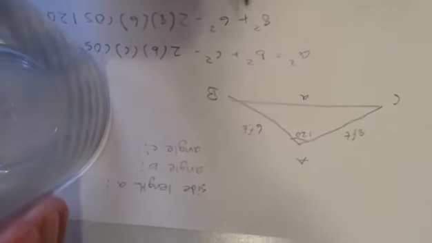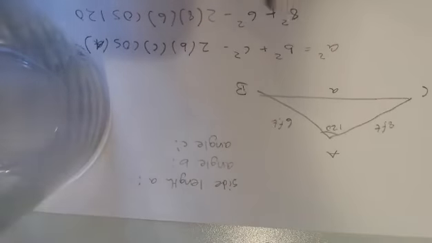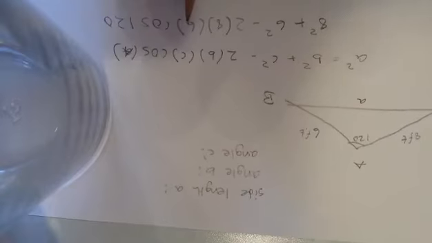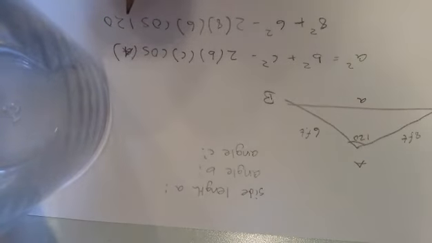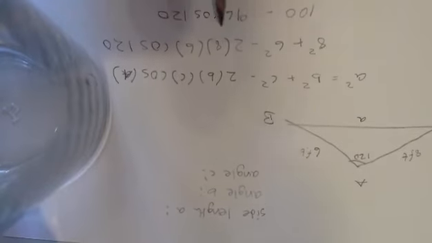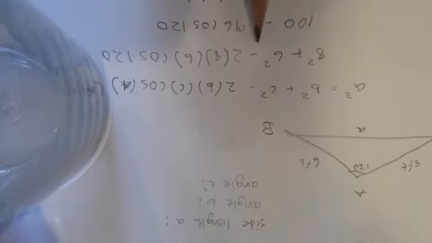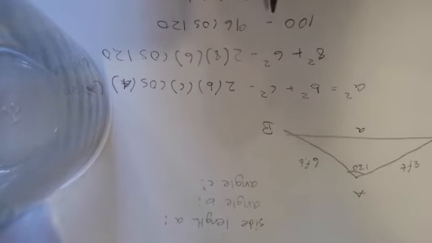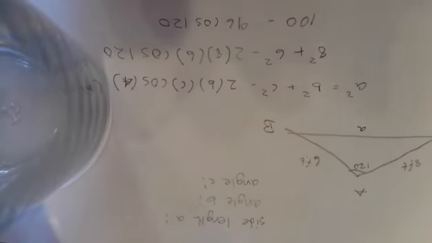What we're going to do is plug it in. We have 8 squared plus 6 squared minus 2 times 8 times 6 times cosine of 120. Simplifying, 8 squared plus 6 squared gives you 100, minus 96 cosine of 120. For the cosine, you have to look at the unit circle and find the cosine of 120.